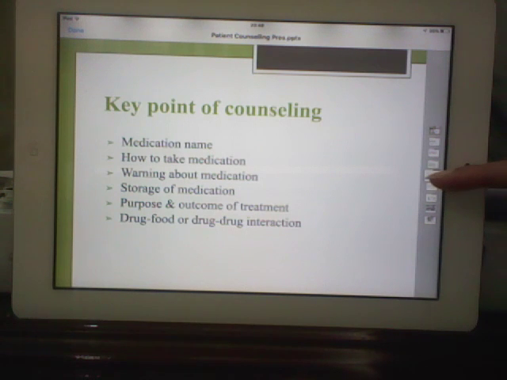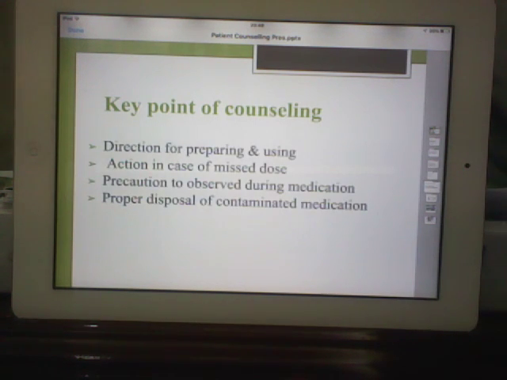Also, we have to inform the patient about the directions for preparing the medication if it needs to be prepared, like syringes, or a powder antibiotic to be diluted, such as pediatric syrups and antibiotics. Also, we have to inform the patient what to do in case he missed any dose.